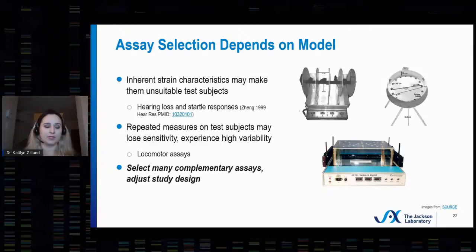So you might not be able to tell, if you're using an automated assay, whether those mice are falling off the rotarod or learning to jump off of it. If you're using an automated method, that method may not be able to tell the difference. If you are manually scoring that, are you sure that they jumped off or that they fell off? So you might want to consider using complementary assays or adjusting your experimental design to account for some of those things.